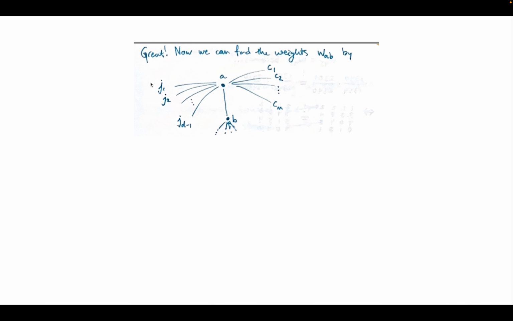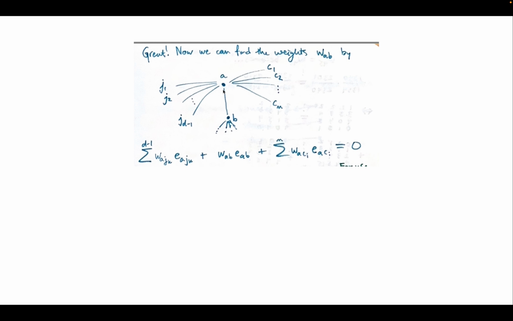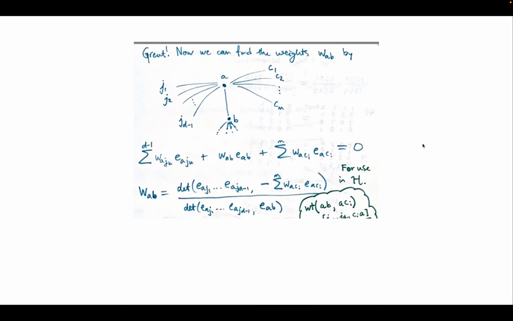Great, so now we can find the weight on edge AB by just writing out the balancing condition, the self-stress condition at vertex A. I'm picking vertex A and saying all these forces balance at A, which they have to if we have a self-stress. They have to balance everywhere, but let's just look at A. Then I'm going to move all these AC terms to the right side and solve for WAB by exactly what I did last time.